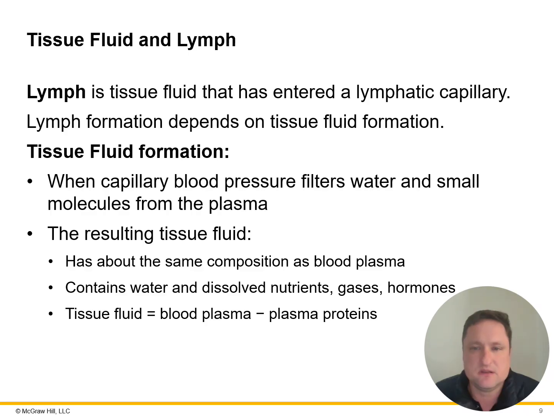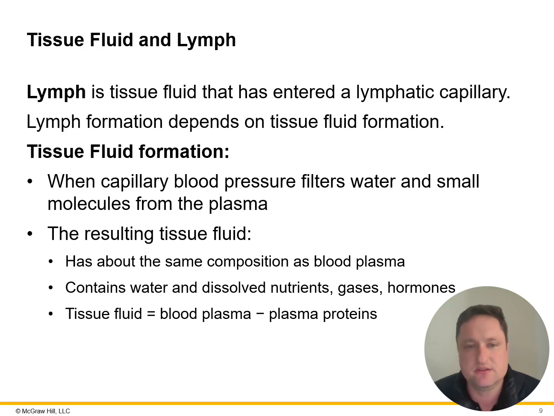The system depends on a balance. If filtration exceeds lymphatic uptake, edema ensues. So you might get a collection of fluid around your ankles. If lymphatics are overactive or inflamed, local immune responses can be heightened.